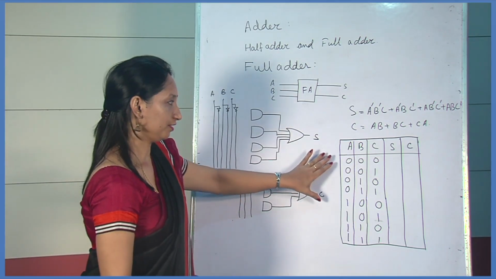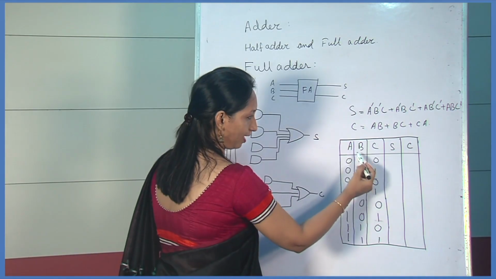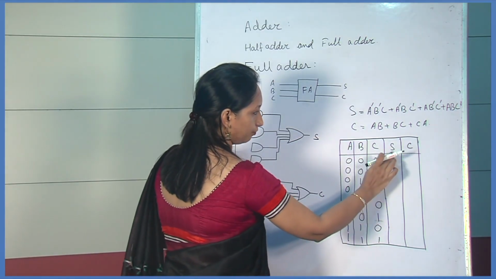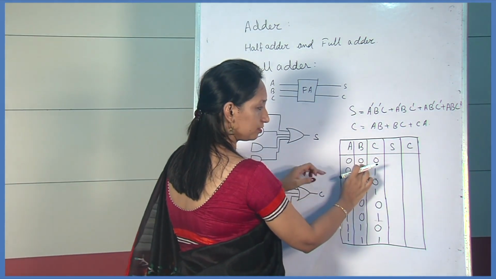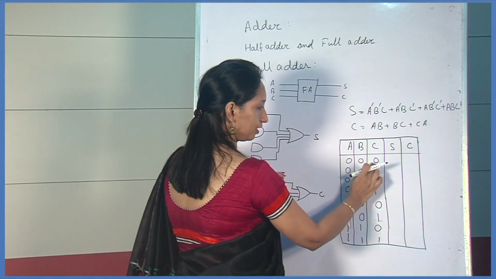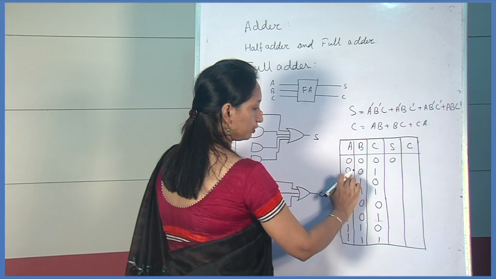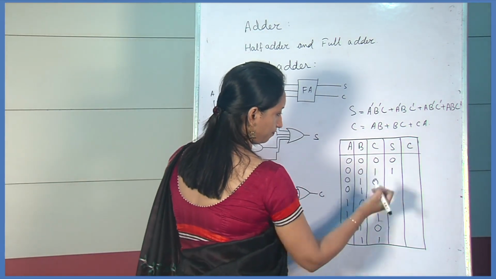And here is the truth table, with 3 inputs A, B, C and their combinations written like this. For the sum, when A B C is 0 0 0, 0 plus 0 is 0, again 0 plus 0 is 0. Then for the next, 0 plus 0 is 0 and 0 plus 1 is 1.